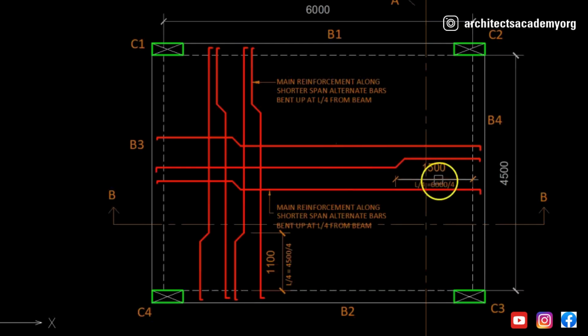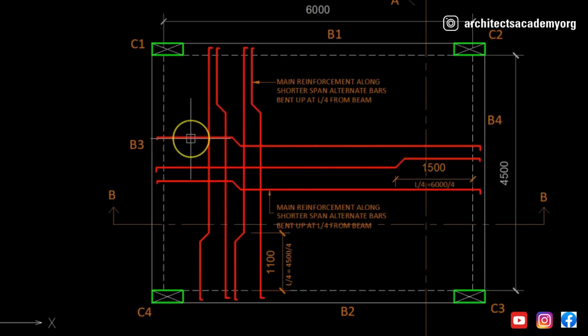That distance after which it is bent is L by 4, which you can see here, that is the distance from the edge of the beam to the point where the bar starts bending up. That is 6000 by 4 in this case, this works out to 1500. So this is how the main reinforcement inside the slab is.